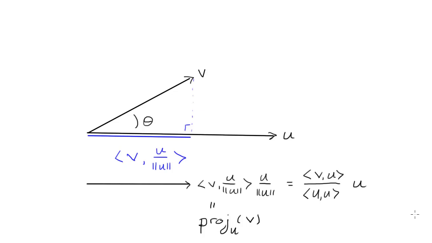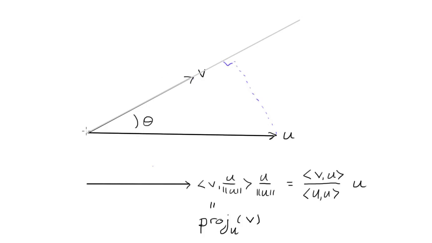Well, if it's good for v onto u, it's good for u onto v. So we can do the exact same thing. I'll extend v into a line, drop down a perpendicular. That length is the inner product of u with the v direction.